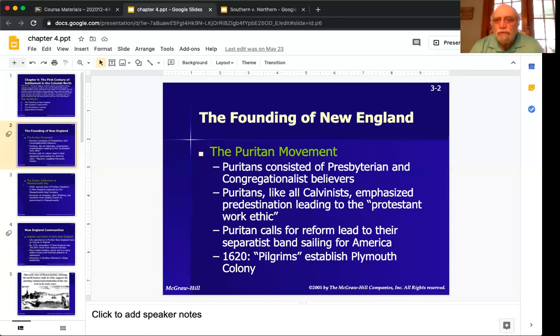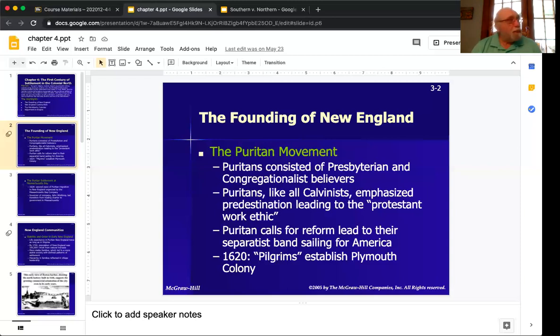How can we prove that we are one of those who have been handpicked by God to go to heaven? And the answer for them was, well, the Heavenly Father is going to take care of his children. Those people who are doing well on earth, more than likely would be the ones that were chosen to go to heaven once they die.